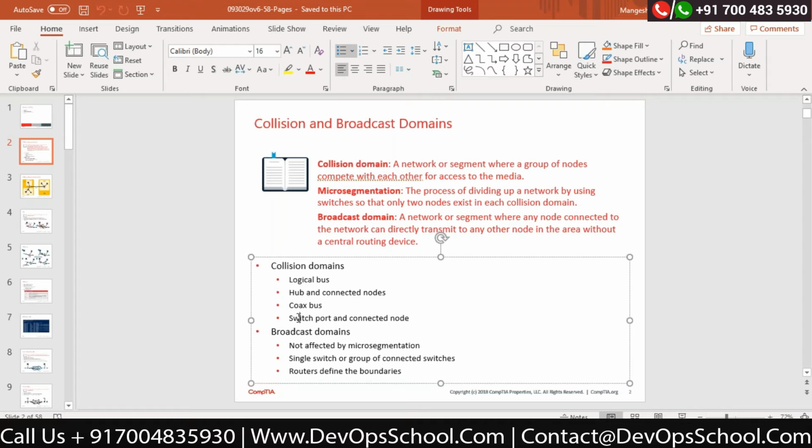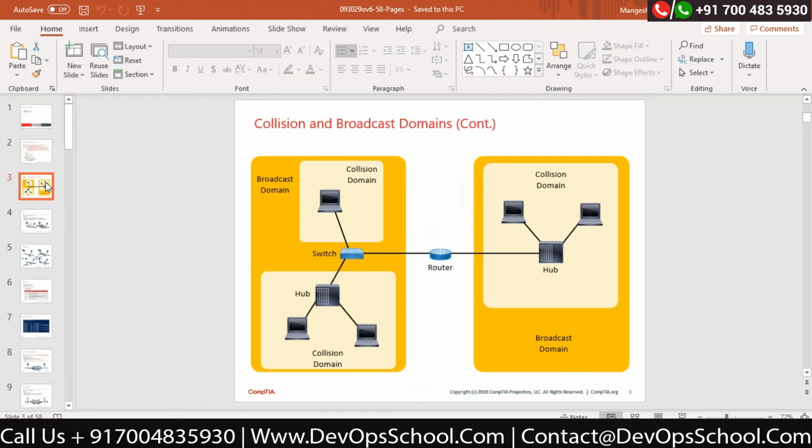What is a broadcast domain? The router network that handles all the collision domain traffic would be considered my broadcast domain. So remember that, the next diagram will give you the idea. Okay, this is my collision domain. A hub would also be considered a collision domain, but we are not using it nowadays; we are using switches.